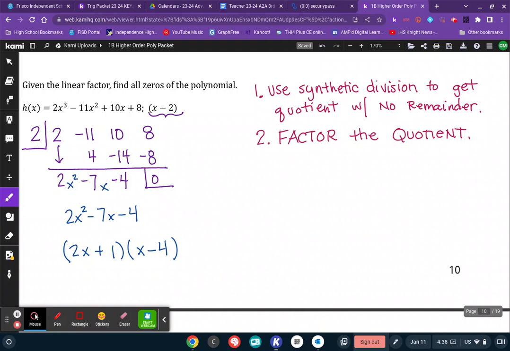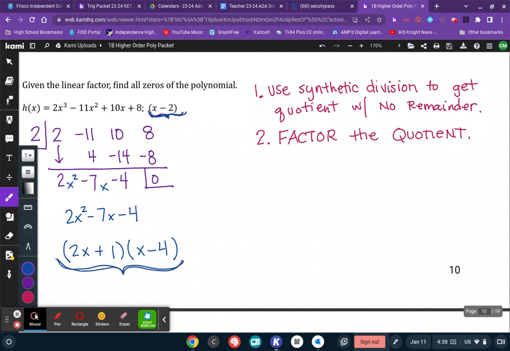Okay, so here are my other two factors. I had one that I was given in the beginning. I found two more, and now I'm able to go to my final answer and make a list.